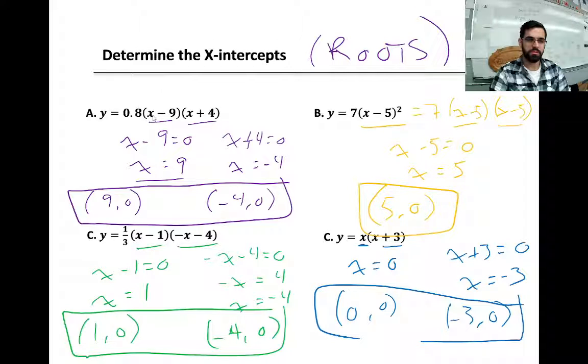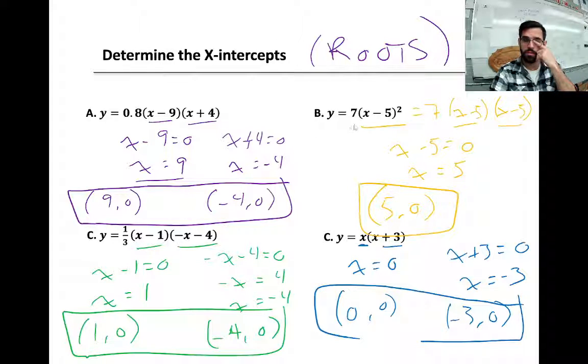So x equals 9. And whatever I can put in for this x that makes this factor equal to 0 would also be an x-intercept. So x could be negative 4. (9, 0) and (negative 4, 0) are the x-intercepts, or the roots, for example A.